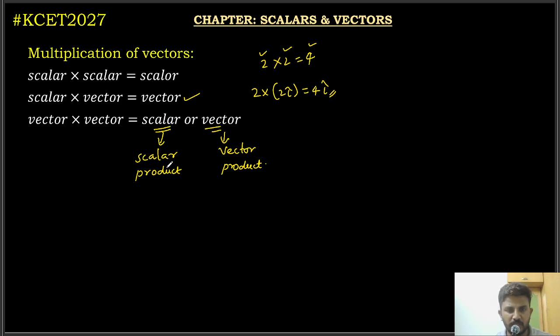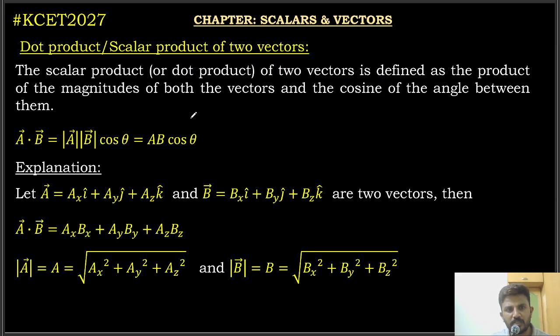The scalar product is also called the dot product, and the vector product is called the cross product. So what is the scalar product, what is the formula for that, and what is the vector product? Let us discuss it.